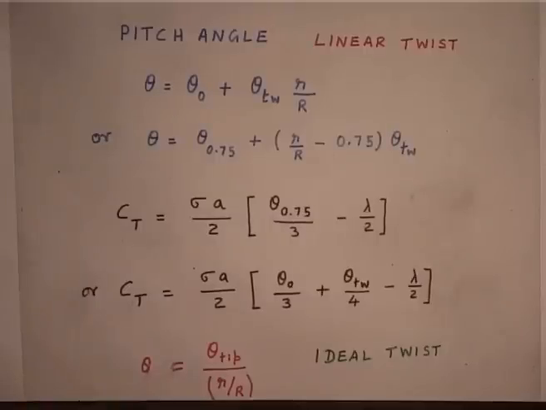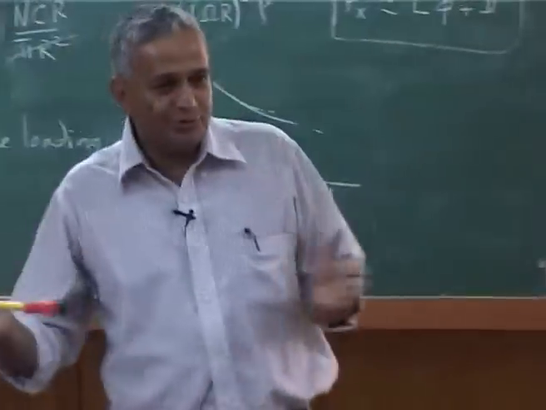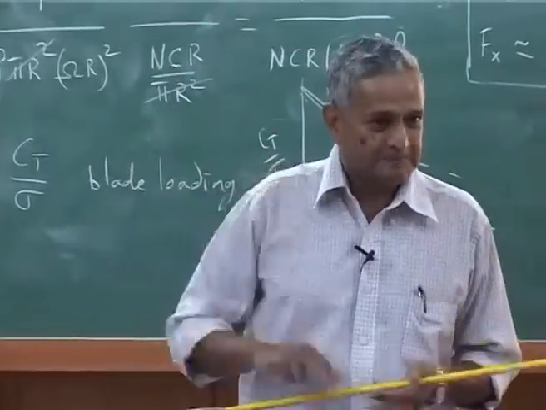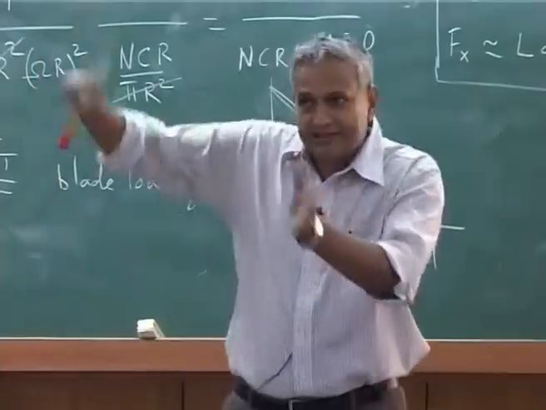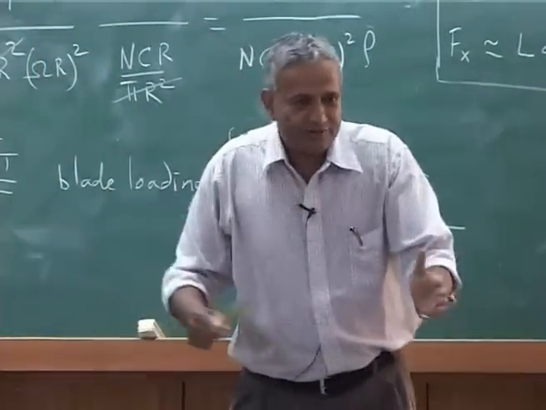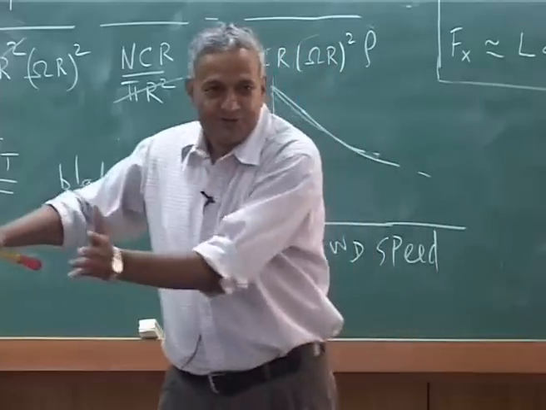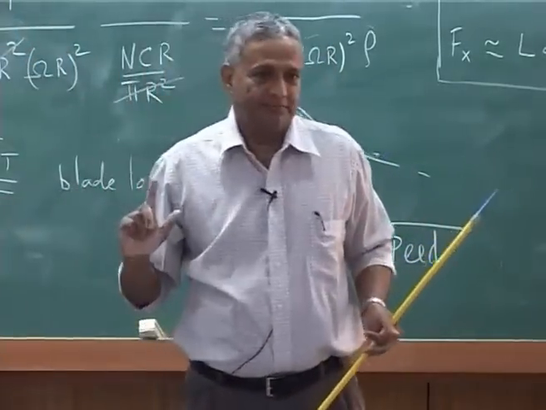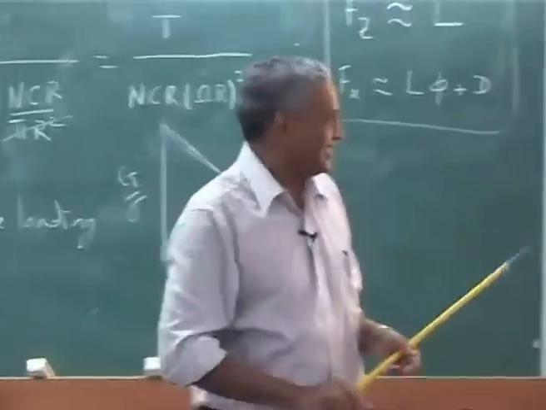So why is 75% so critical? Most of the time we say it is because that is where the lift also becomes high, around that region, because near the root lift is small, then as you go towards the end the lift will rise up, and then of course at the tip it will drop, okay. We will come to the tip etc. later.